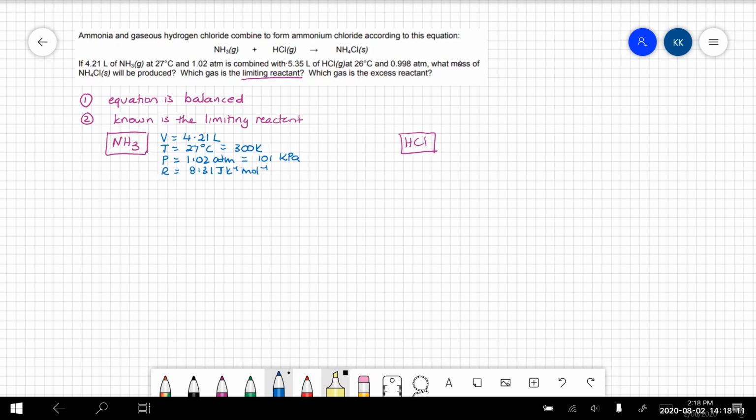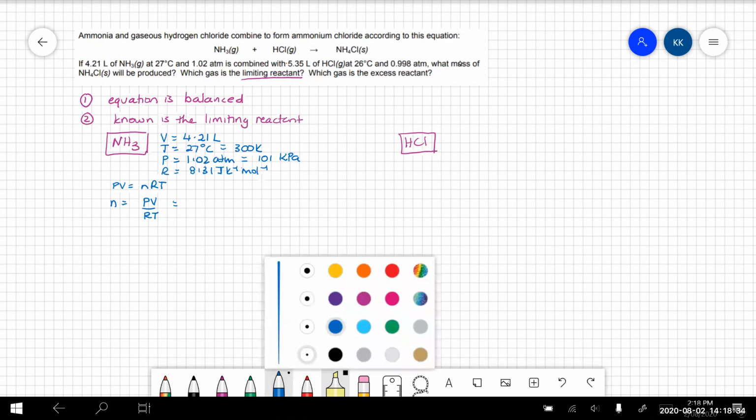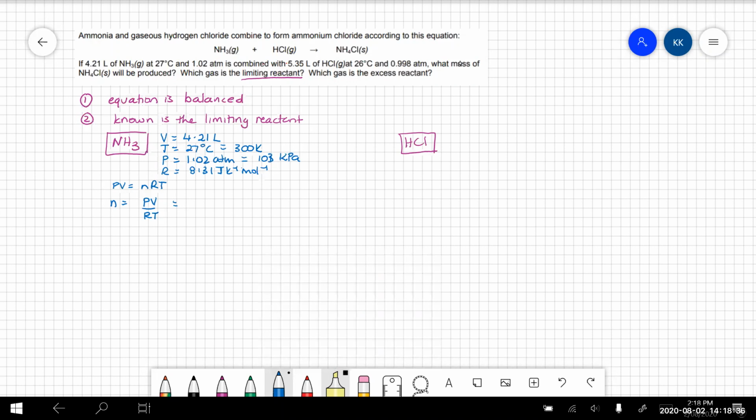So PV equals nRT. So moles is equal to PV over RT. We have 101. Oh, sorry. Oh, I got my kilopascals wrong. That's actually 103 kilopascals. Okay, now we're set.